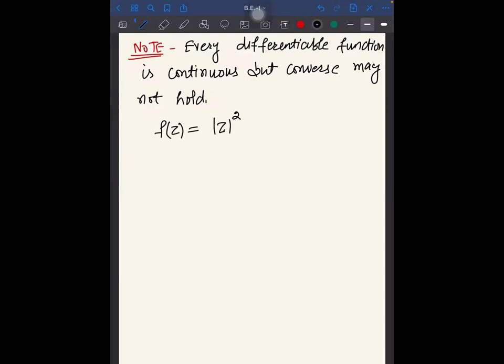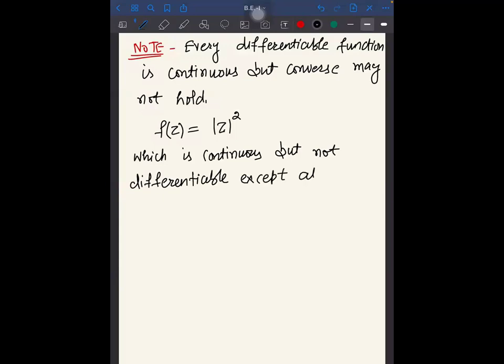So here it is a function which is continuous but not differentiable except at 0. Except at 0, it is nowhere differentiable, right?